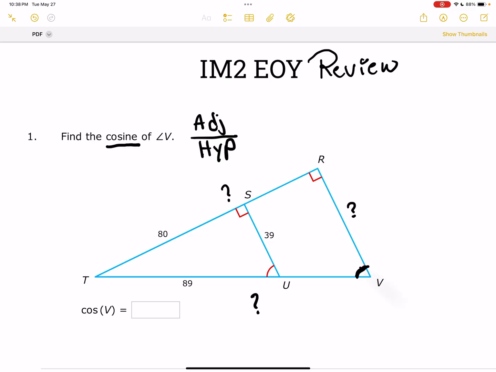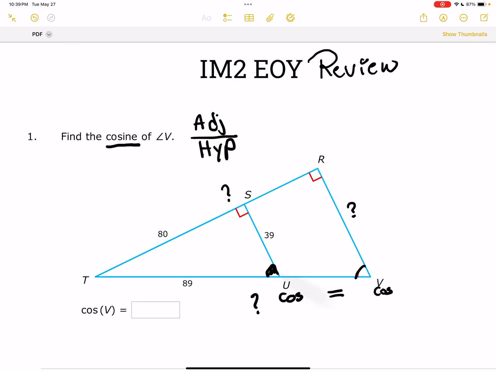But the good news is they told us that angle V is equal to angle U. Well, Miss, how do you know angle V and angle U are equal? They told us by labeling it. You see how this one has one red arc and that one has one red arc? That means they're equal. So if I can find the cosine of U, I can find the cosine of V because they are just as equal.